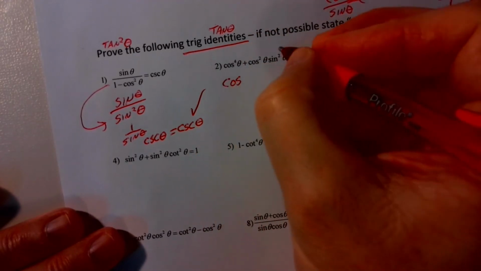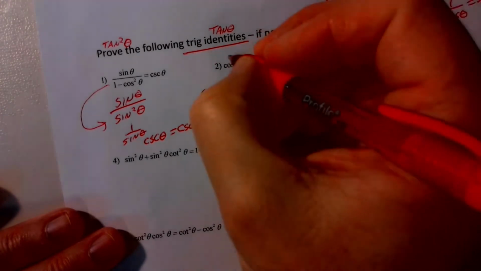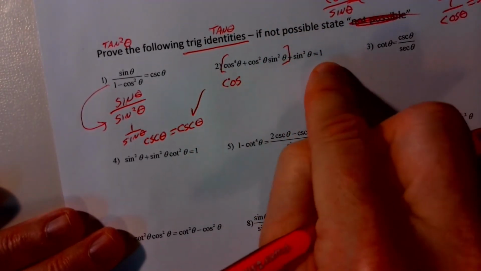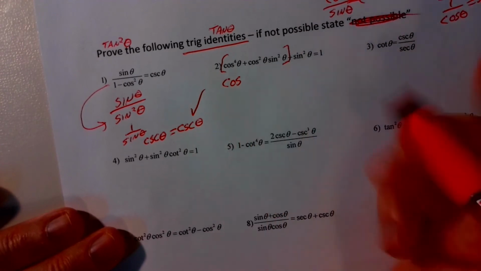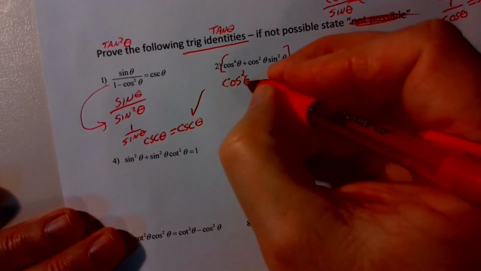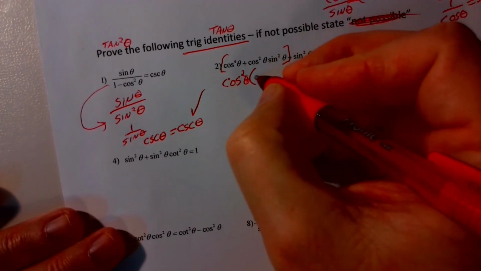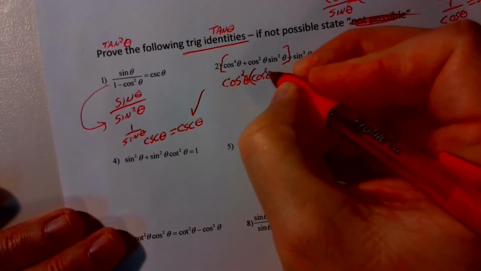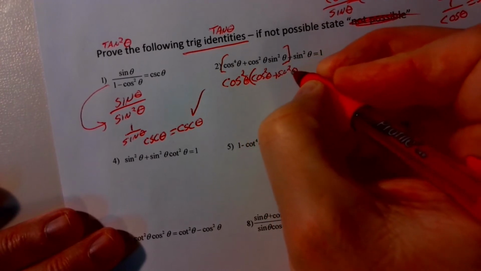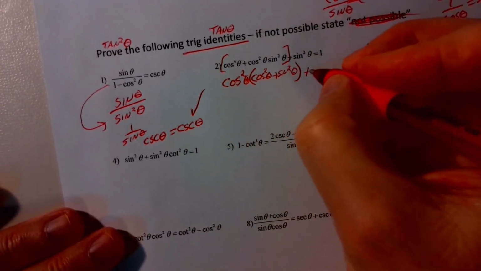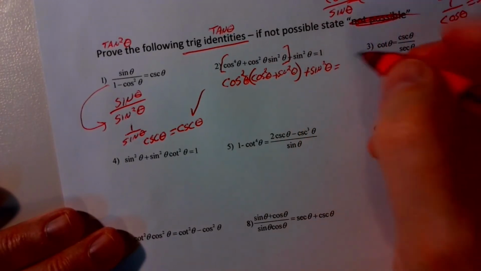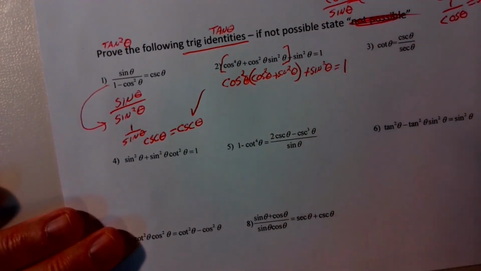Definitely the left side is more complicated than the right, so I'm going to manipulate the left. So cosine squared theta, I'm going to pull out of this, and I'm going to be left with cosine squared theta plus sine squared theta, plus sine squared theta. And we're going to hope that it equals 1 when we're done.